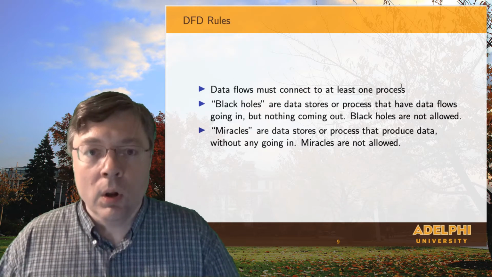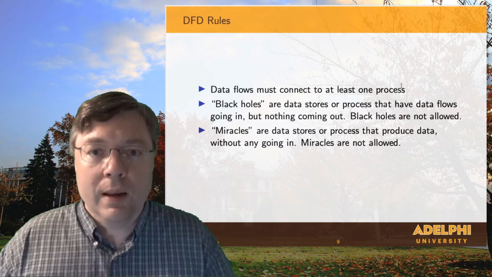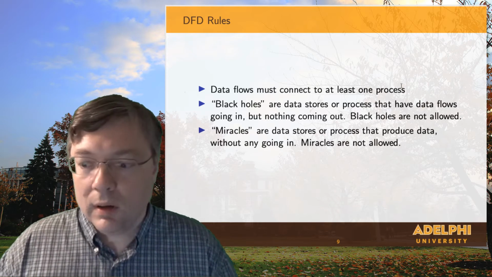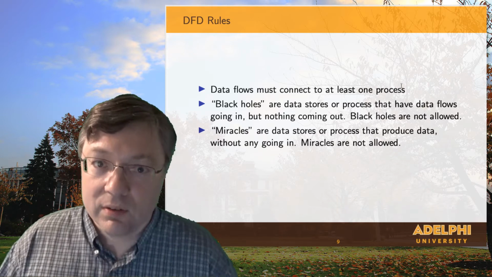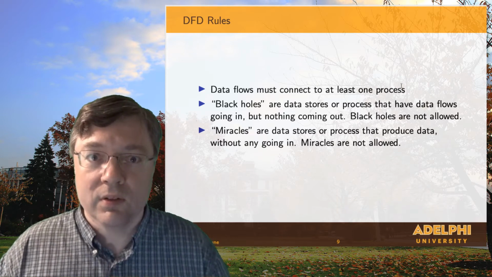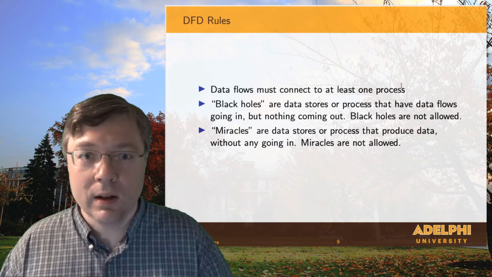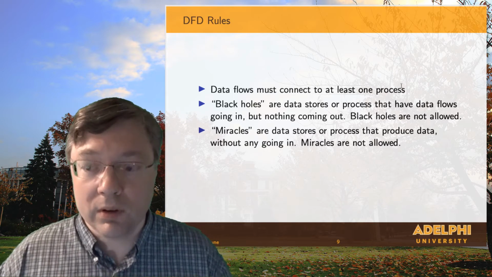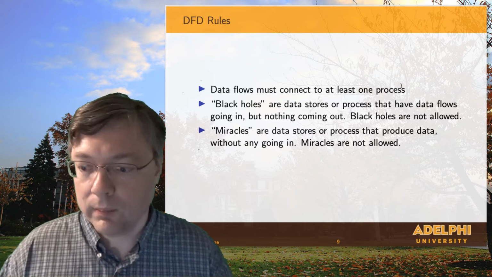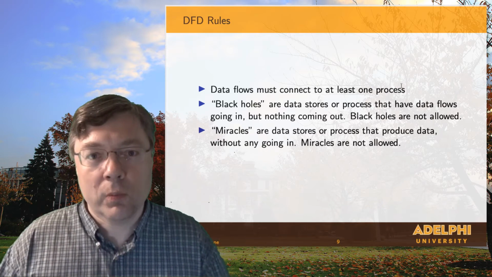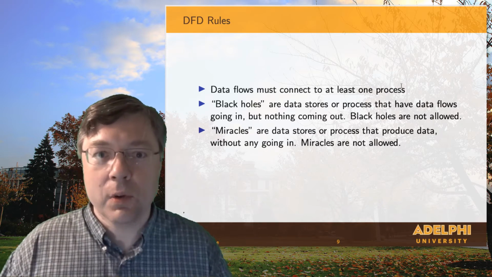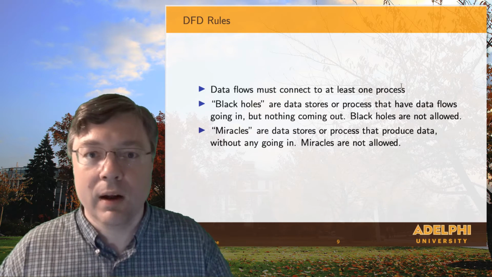And so there's a couple of rules that we have to keep in mind when we talk about data flow modeling. The first one is that data flows must connect to at least one process. That makes sense because the process makes the data flow, and therefore any data flow needs to be connected to a process, at least in one location. Black holes are data stores or processes that spontaneously create data without that data ever having gone in.